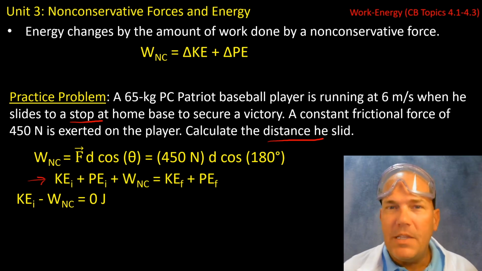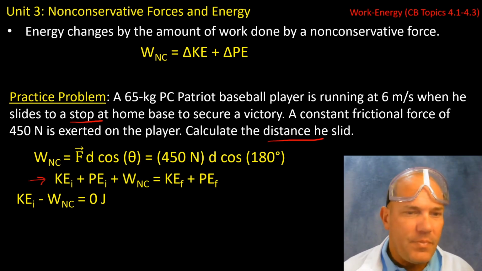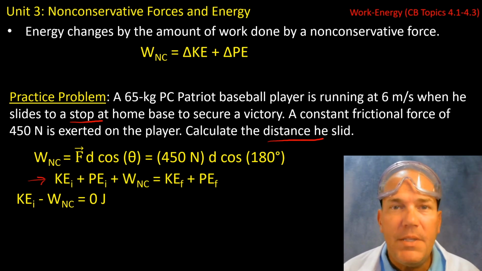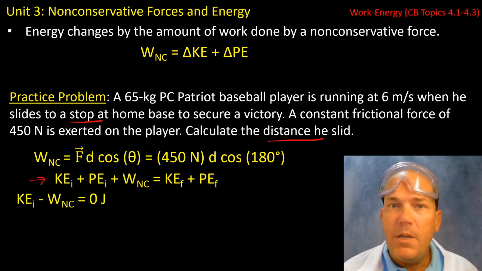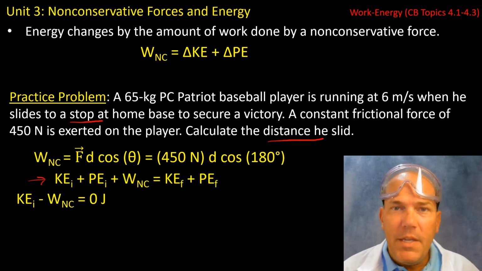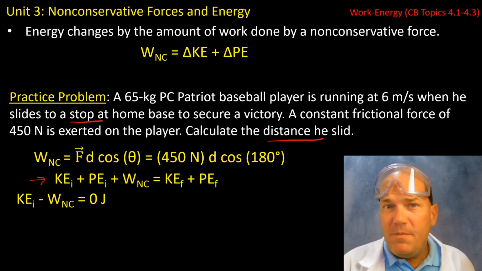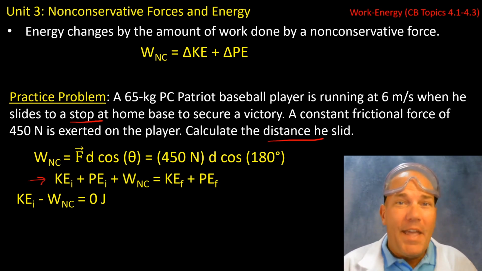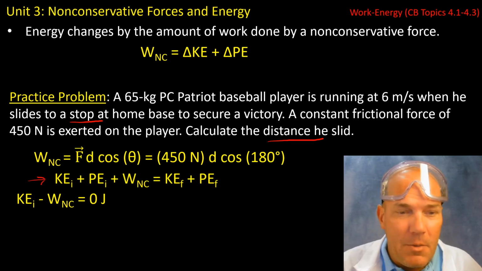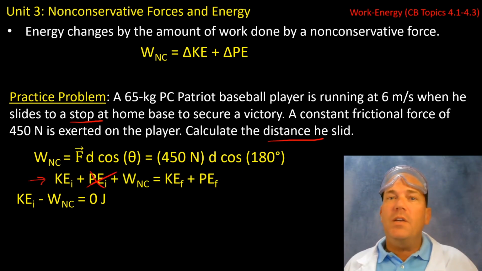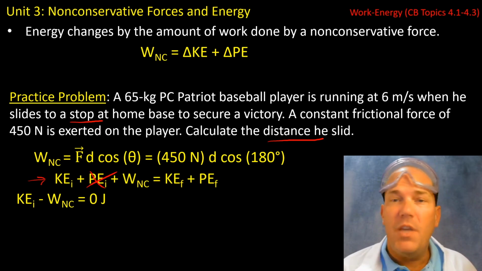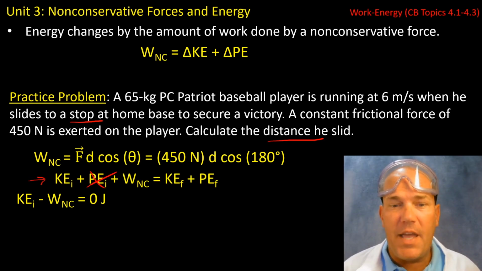No. So there's no elastic potential energy. Is there gravitational potential energy? Not if we don't want there to be, because we choose where to put the zero line. And we would intuitively place the zero line at the ground level. So now I'm going to mark that off. Is there a non-conservative force? Yes, there's the force of friction acting.